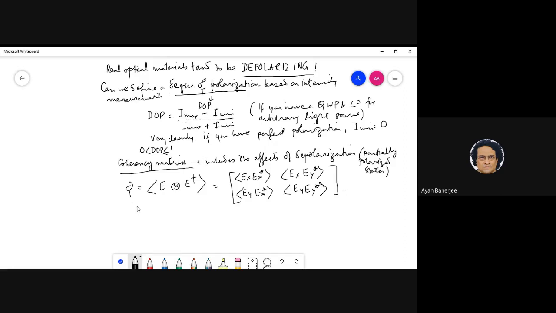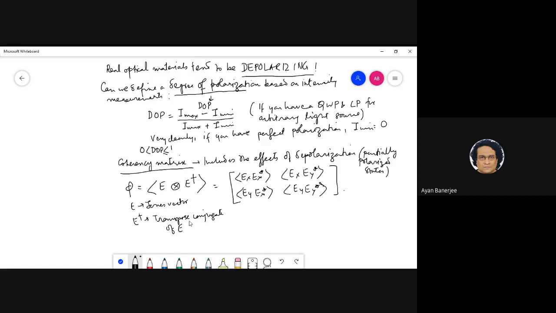So basically your E is the Jones vector and E transpose is basically the transpose conjugate of E. Remember, this is for light. This is only for light.